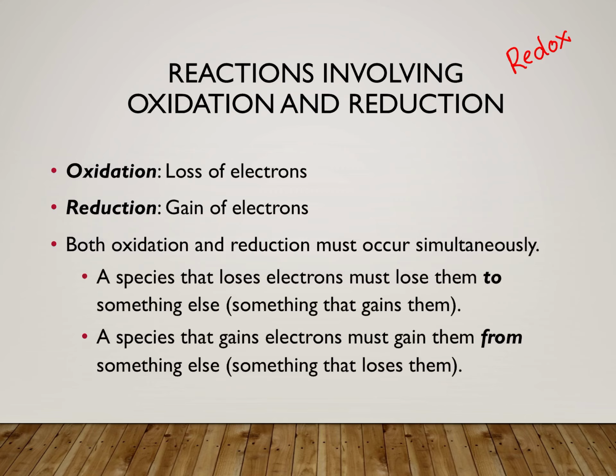Both of these have to occur at the same time. If something is gaining electrons, then they had to come from somewhere, which means that something else lost electrons. And if something is losing electrons, they can't just go into nowhere; something else must gain them.